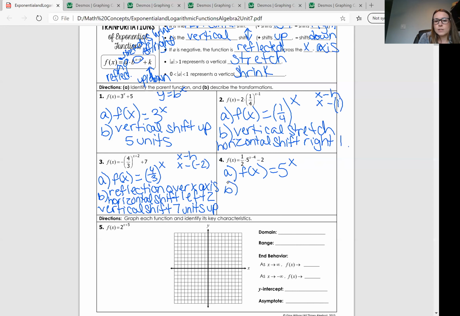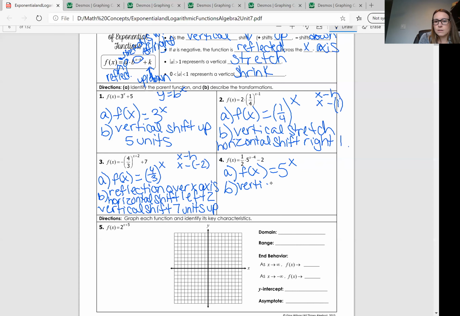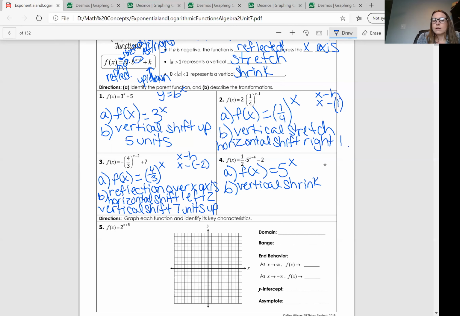And then for our transformations, we have this 1/2 here, all right? So again, the absolute value of 1/2, okay, is 1/2. So it's between 0 and 1, which means it's a vertical shrink. All right, then we also have this -4 here.